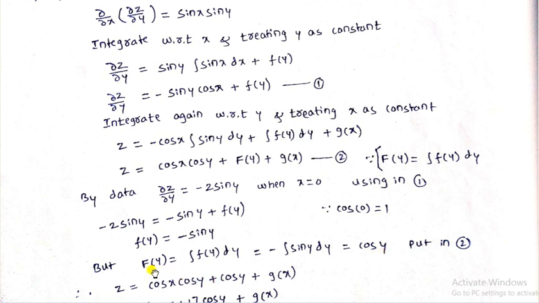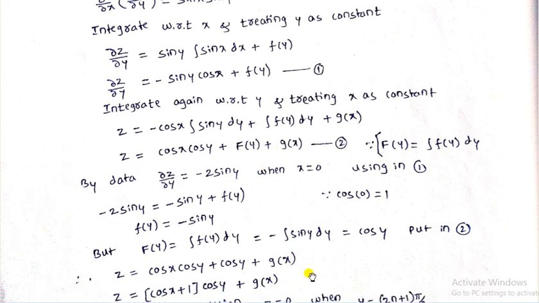Substitute capital F of y equal to cos y in equation number 2. So equation 2 becomes cos x cos y plus cos y plus g of x, and here cos y is common, so cos y times (cos x plus 1) plus g of x.